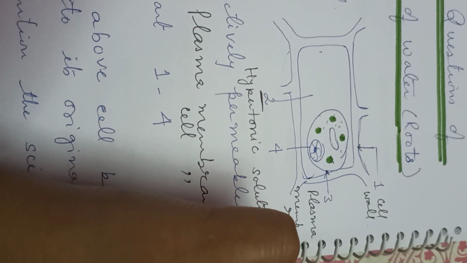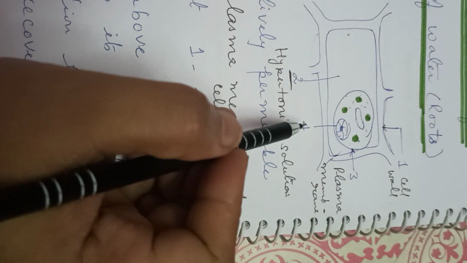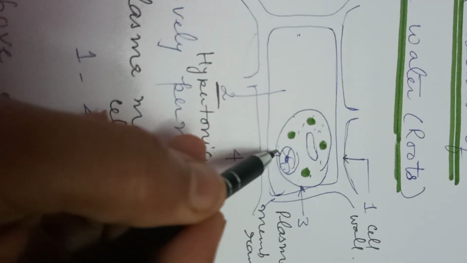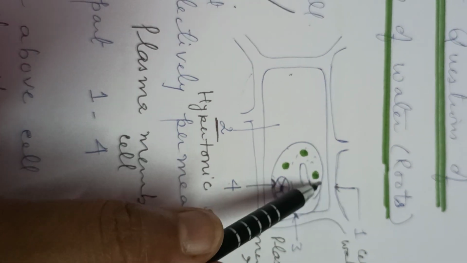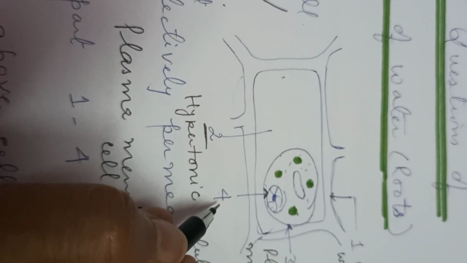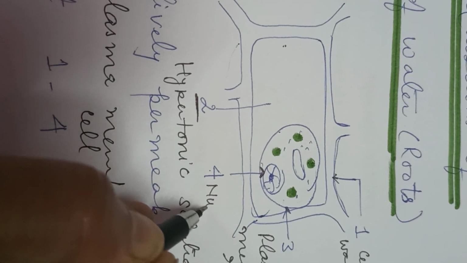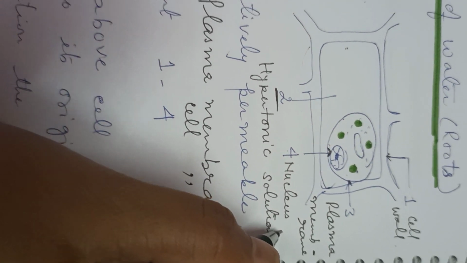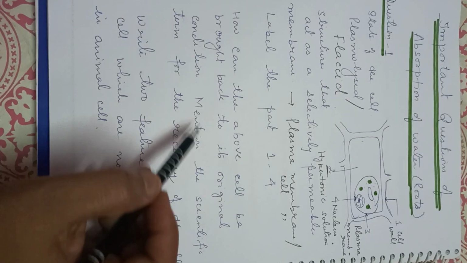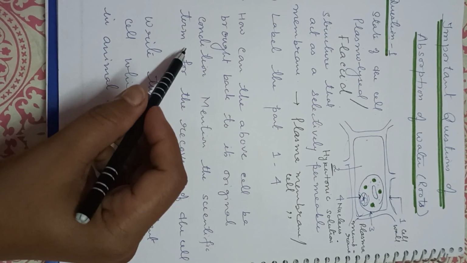You can write cell membrane also. Number 4 is indicating this cell organelle, which is the largest one visible inside this plasma membrane. So number 4 is nucleus, nucleus.